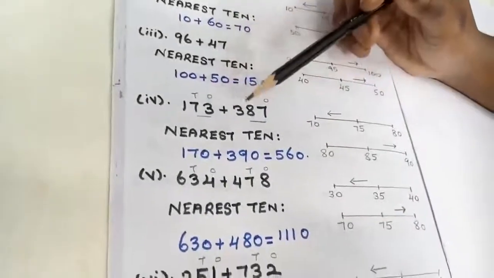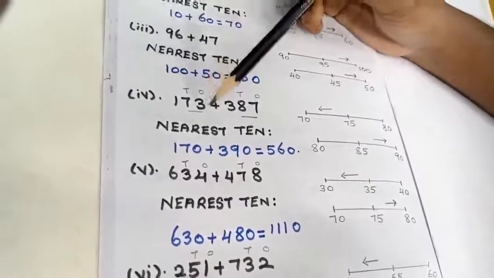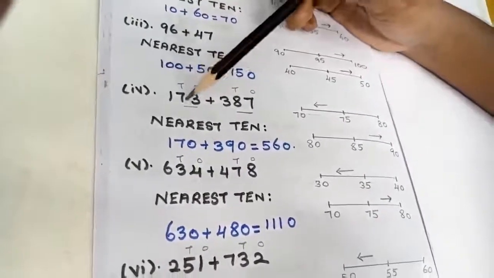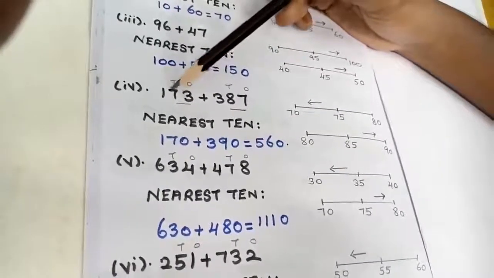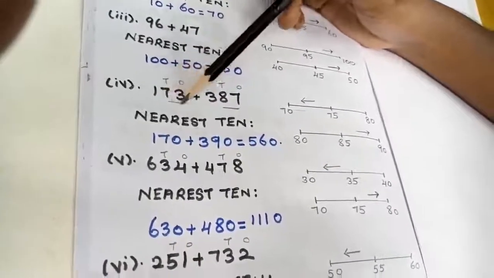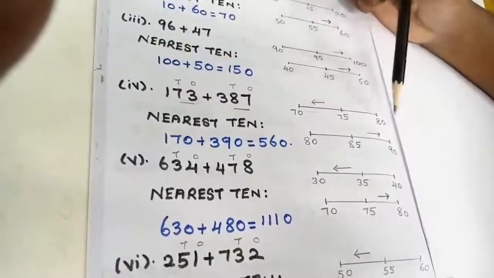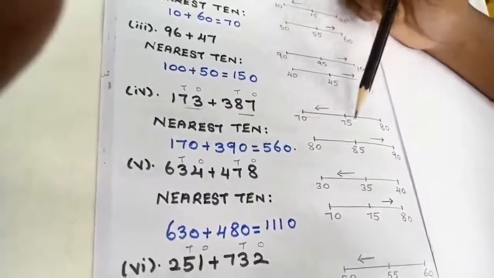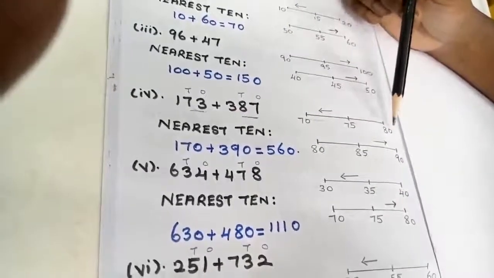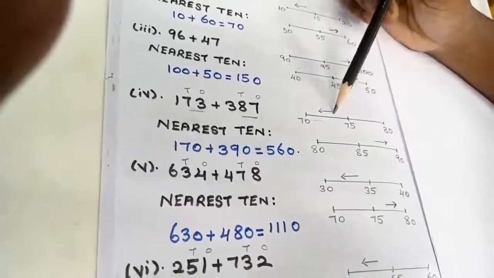173 plus 387. You are going to find the nearest 10. What I am going to do is underline the number 73. Ones and tens. You are going to check only for 73 here. If I take this value on the number line, between 70 and 80, you will have the number 75. That is 70, 75, 80. Between 70 and 75, you will have the number 73.